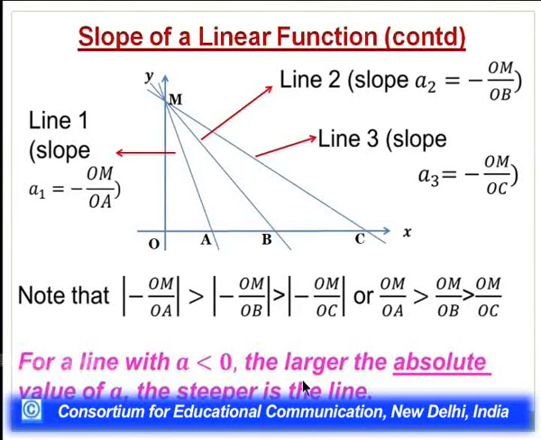So our result here is that for a downward sloping line, the larger the absolute value of A, the larger the absolute value of the slope, the steeper is the line. So please remember that when we look at downward sloping lines, we are going to measure the steepness in terms of the absolute value of the slope. And the result will be opposite if we're looking at the mathematical values.